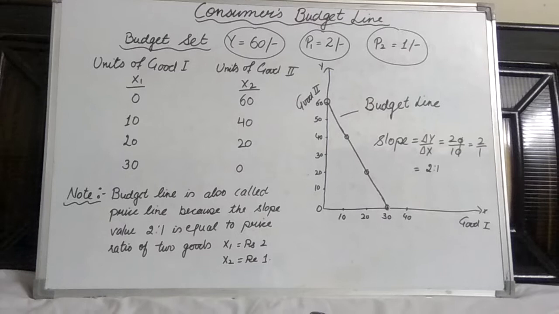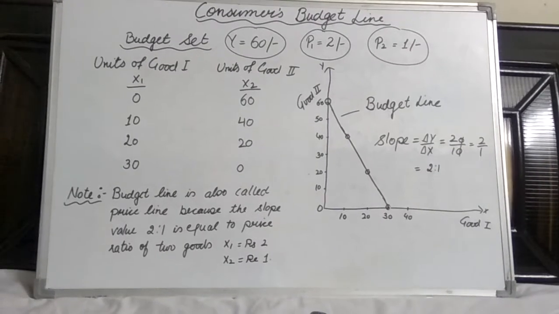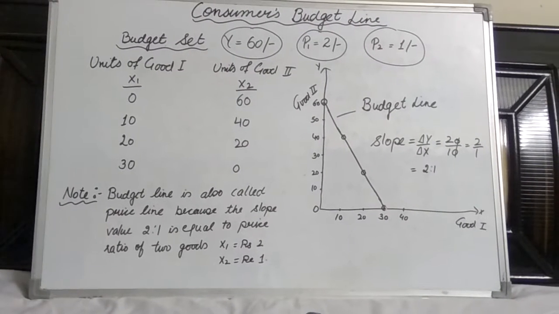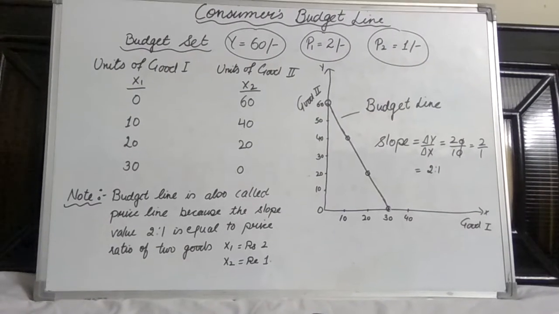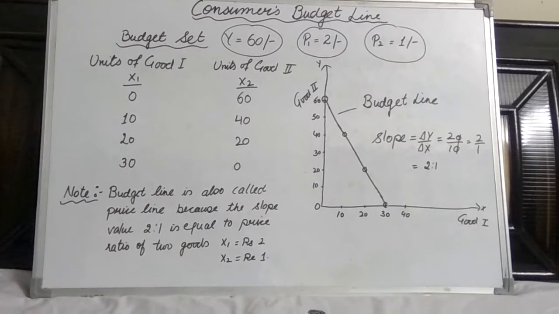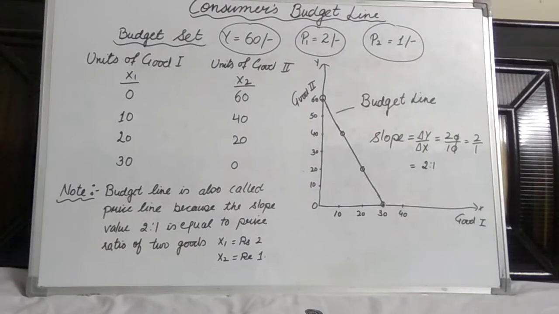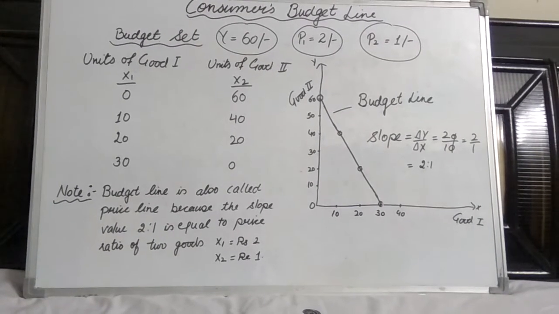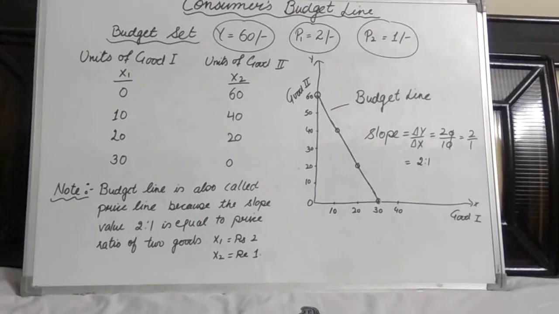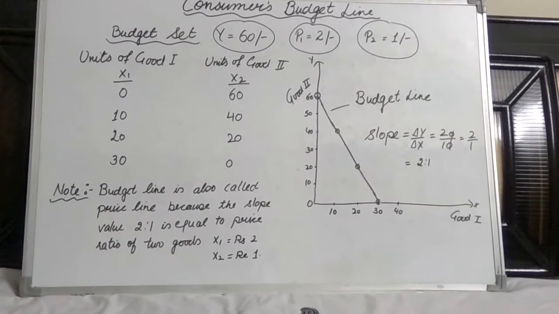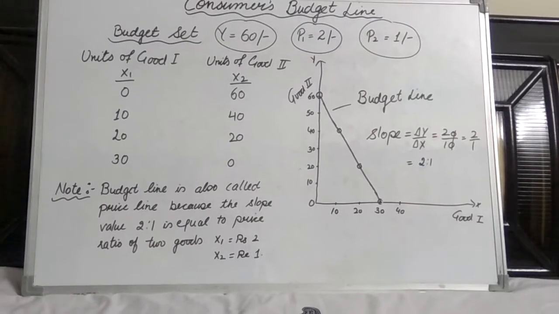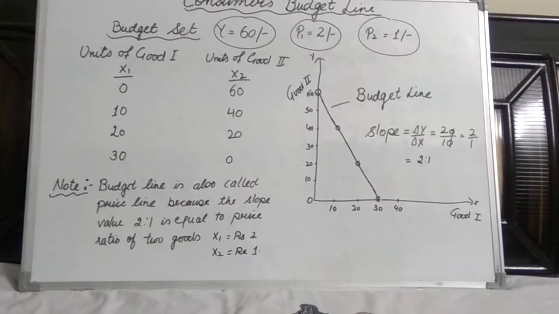Now let me create the combinations. According to the very first combination, the consumer plans not to buy good 1 and he spends the entire 60 rupees to buy the second good, and with 1 rupee he can buy 60 units of good 2 and nothing is purchased for good 1.